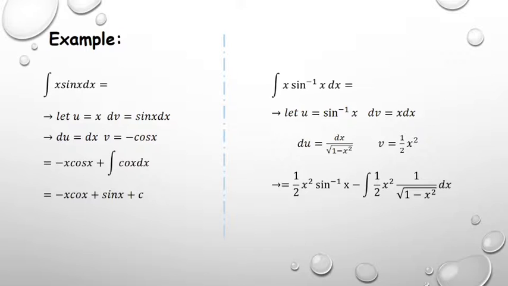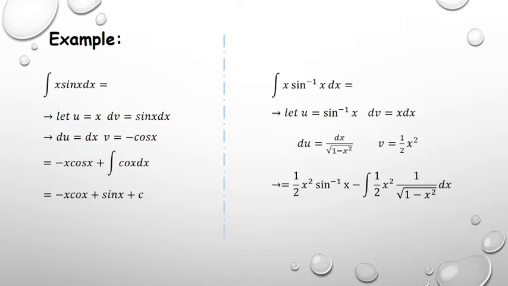And we know that integration of u dv equals uv, which in here equals x times minus cosine x, which equals minus x cosine x, minus integration of v du, which in here is integration of minus cosine x times dx.